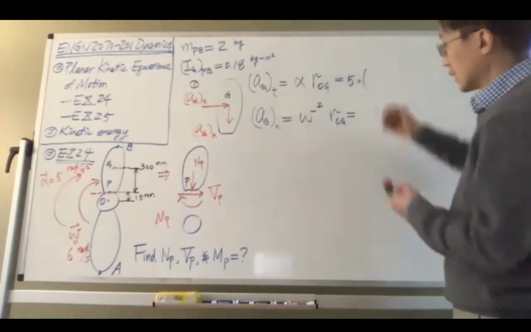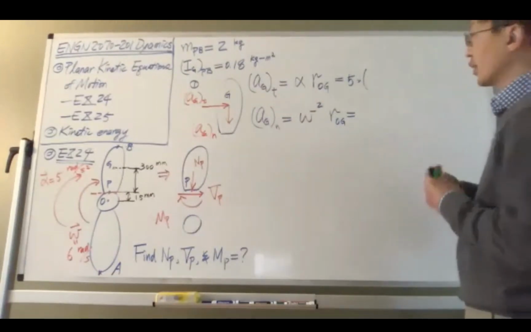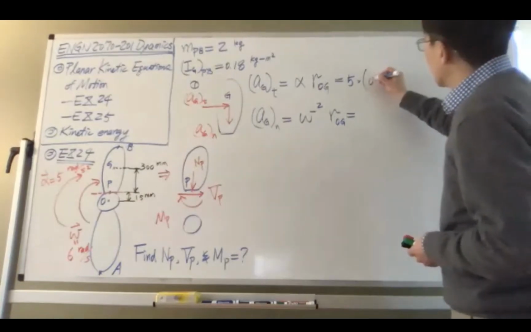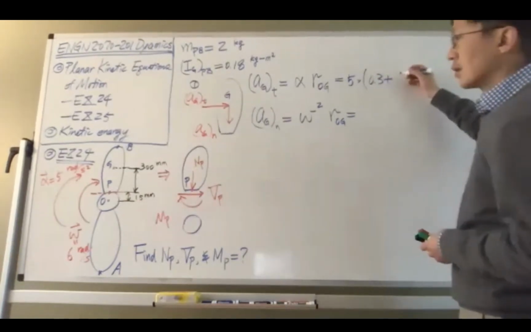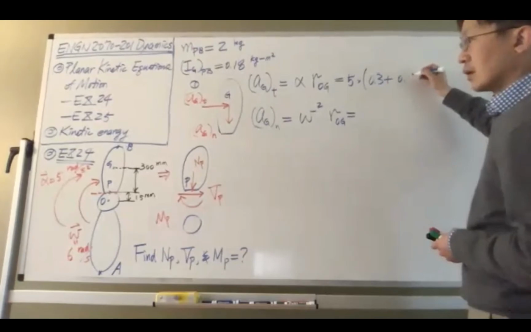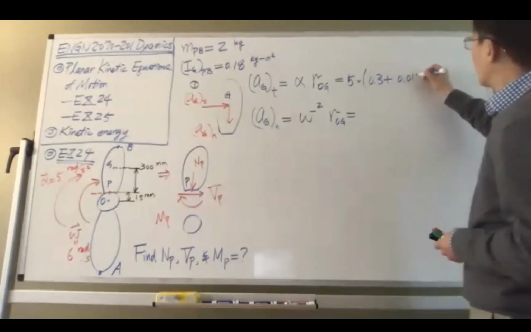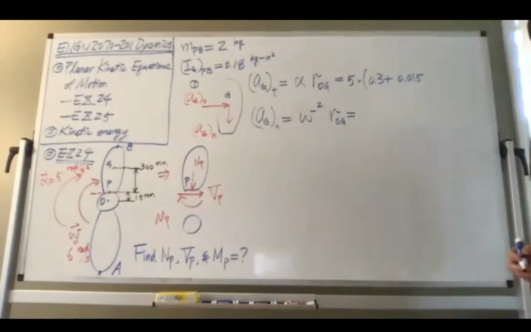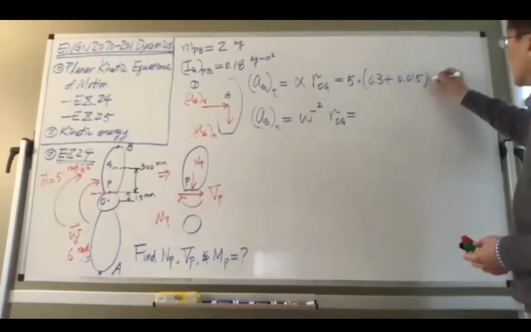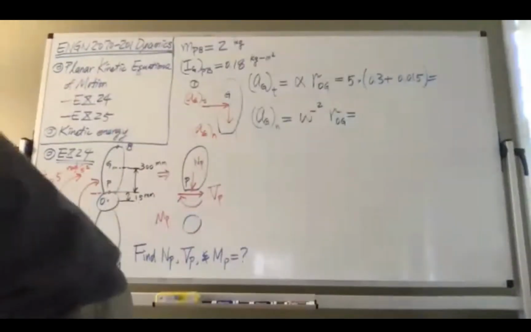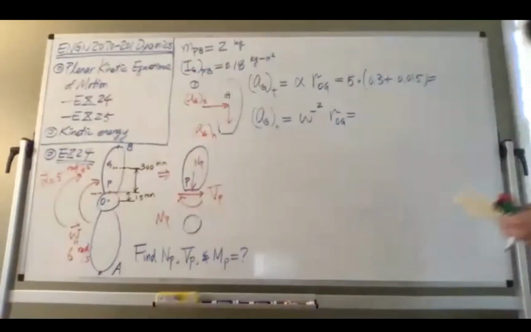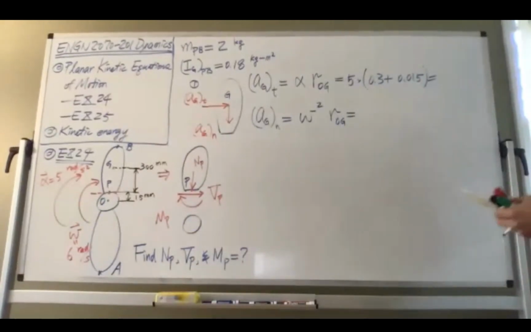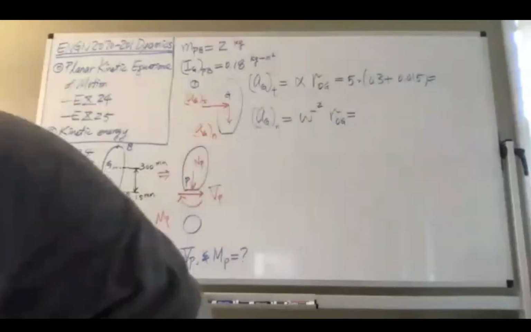And the first one is just 0.3 plus 0.015, right? And this will give you, actually, another mistake.